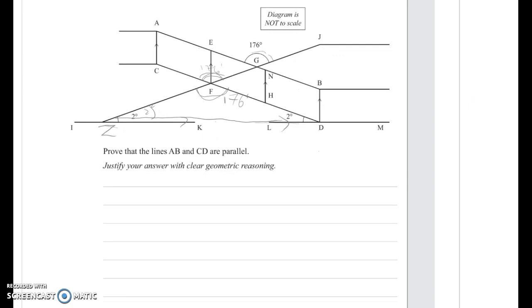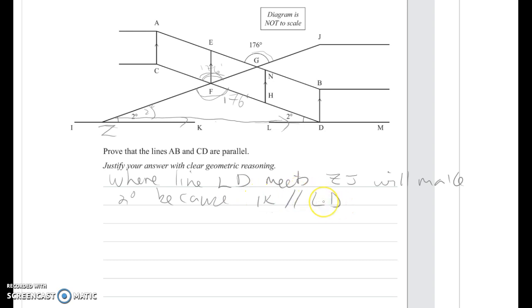So, where line LD meets ZJ, we'll make 2 degrees because IK is parallel to LD, and it would be corresponding angles.